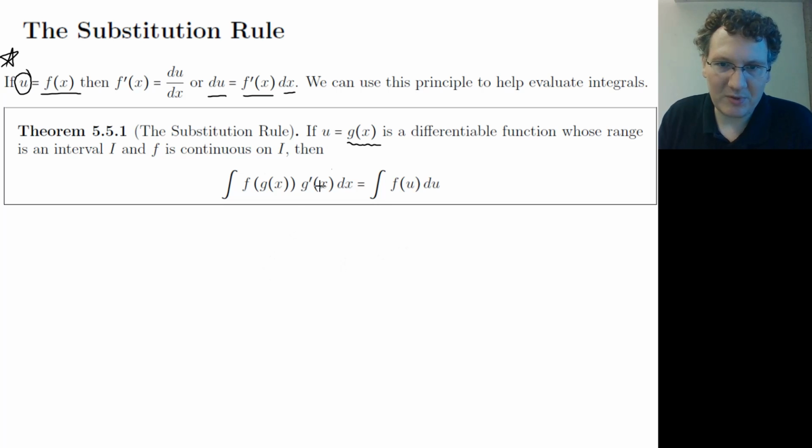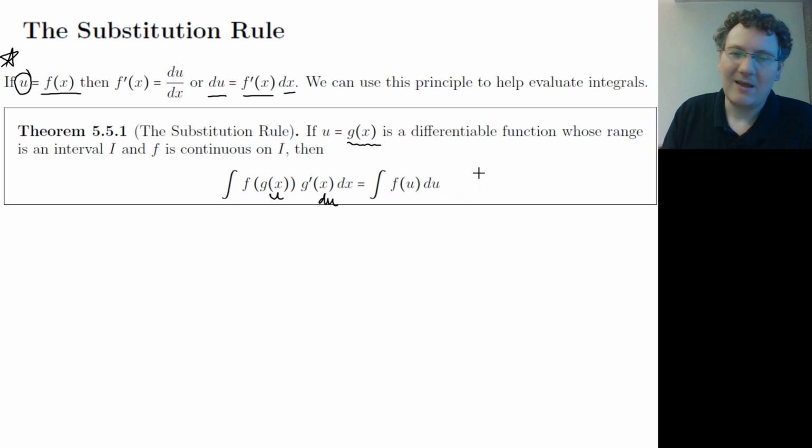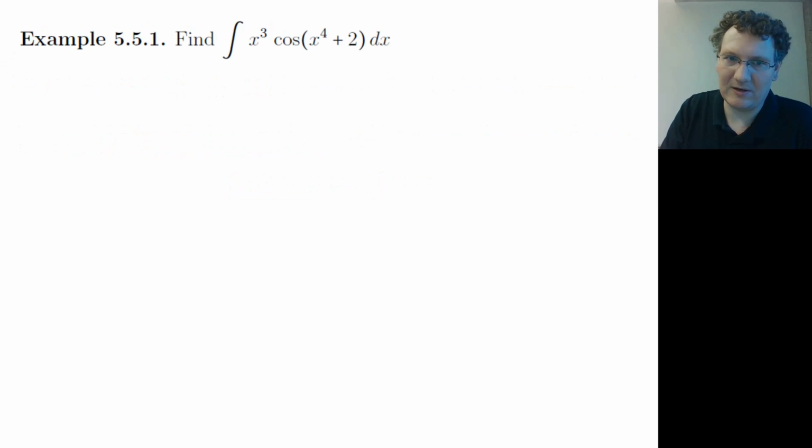Then you can make this replacement. And remember, we said g prime of x dx is going to be du. So this becomes f of u du. Now this probably seems a little weird. Let's look at examples. It'll become more clear.